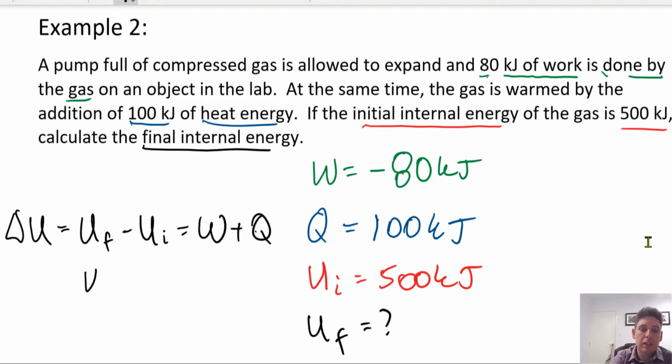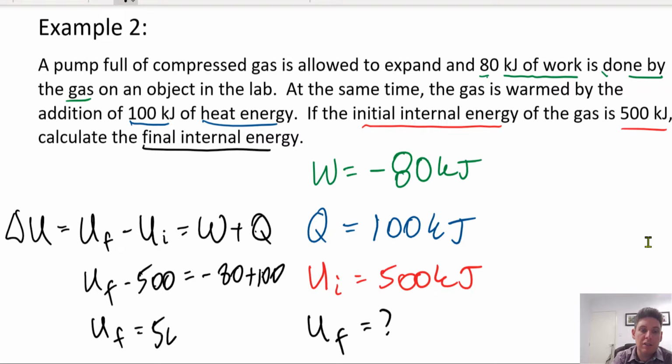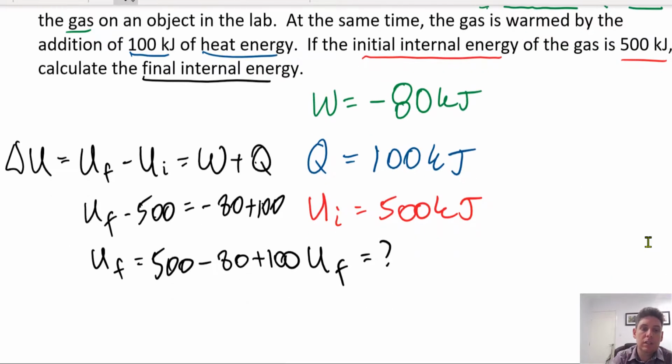Sub everything in, rearrange. Our final is 500, so add 500 to both sides, minus 80 plus 100. So it started with 500, it took away 80, because that's the work that it did, and it added 100 kilojoules. So it ended up with 520 kilojoules of energy still in the system. So that was its final internal energy.